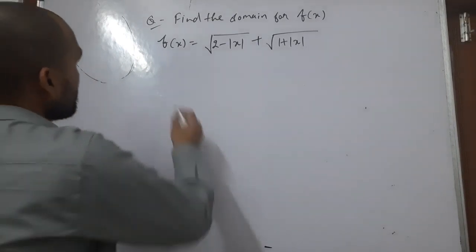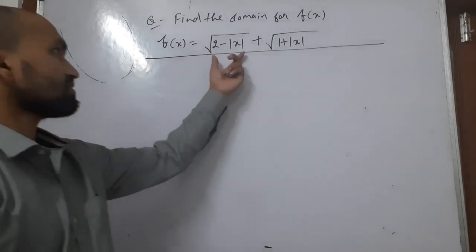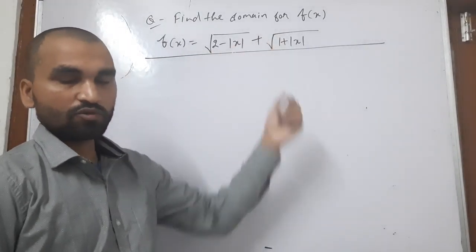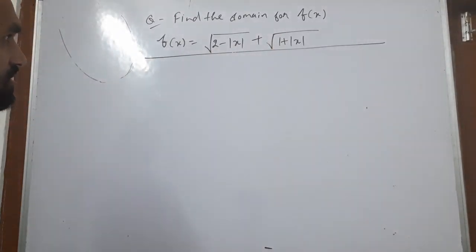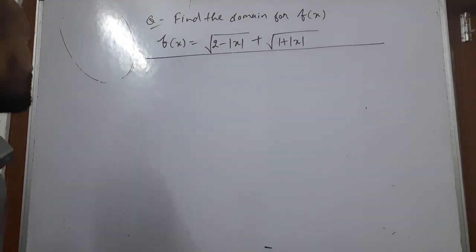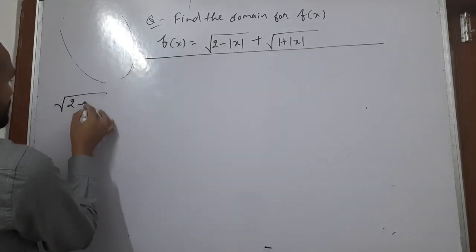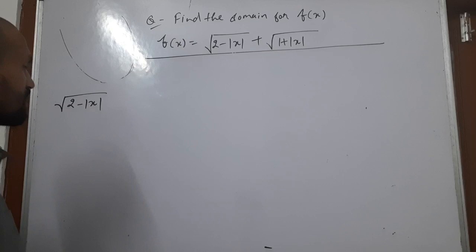As this is the addition of two functions, individually we should find the domain of each part, and after that we will take their intersection. So first of all we consider square root of 2 minus mod x.